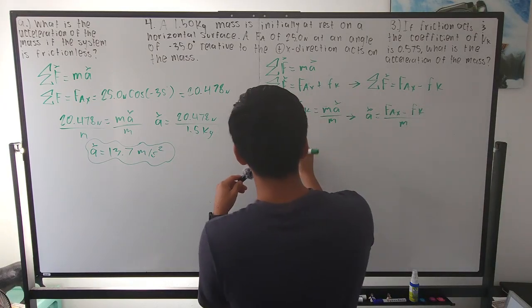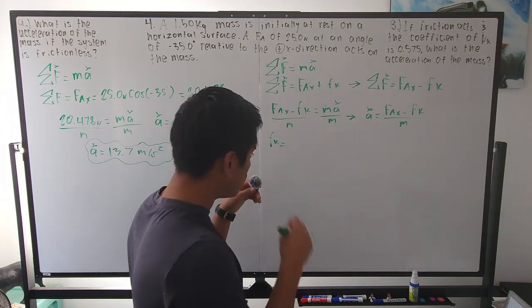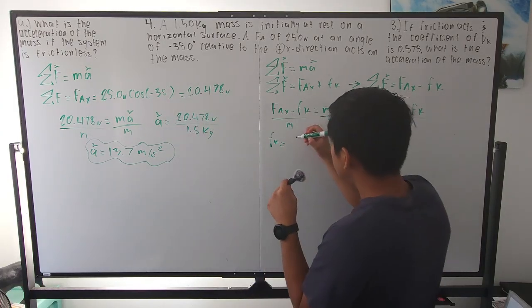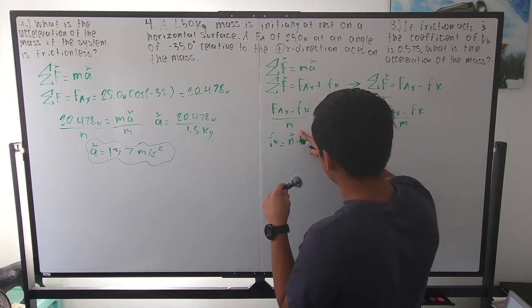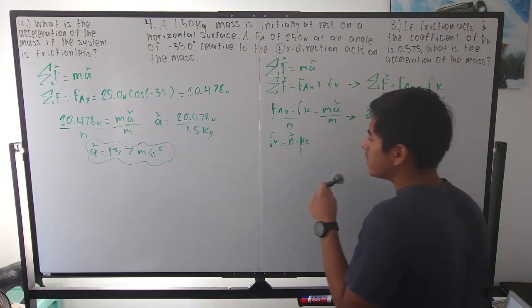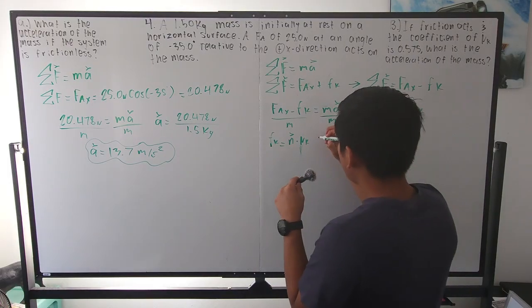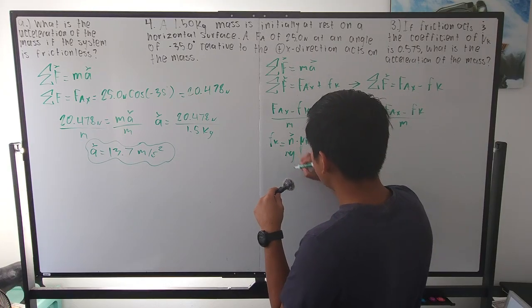So right down here. My force of kinetic friction is then equal to, usually we just have the normal force multiplied by mu k or mu s, whatever you're working with. In most cases, n is just equal to mg.